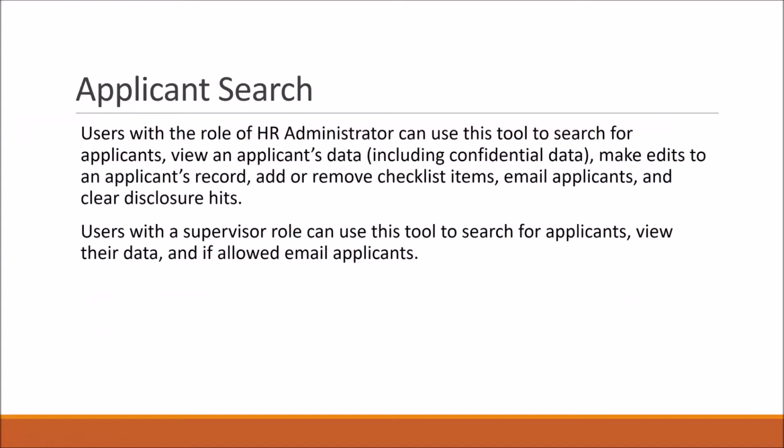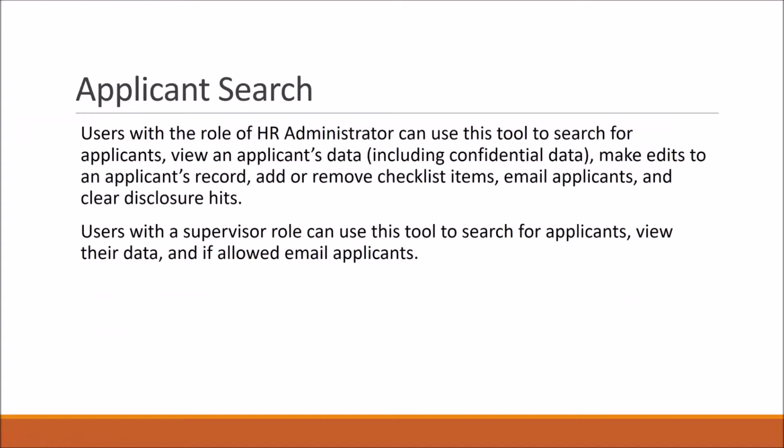You see everything, all the confidential data and so on, where anybody with a lesser role is going to see smaller bits of data. Specifically, on the applicant search screen, when you have the HR administrator role, you're going to see the all option when it comes to interest types. You're going to be able to search for any and all applicants.